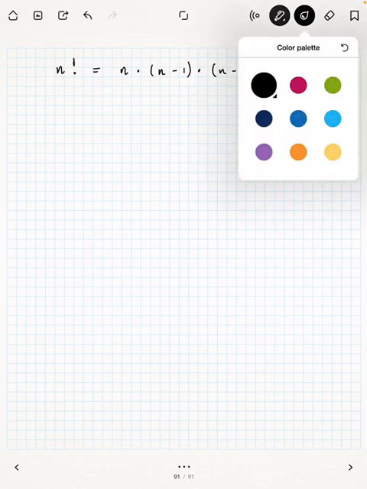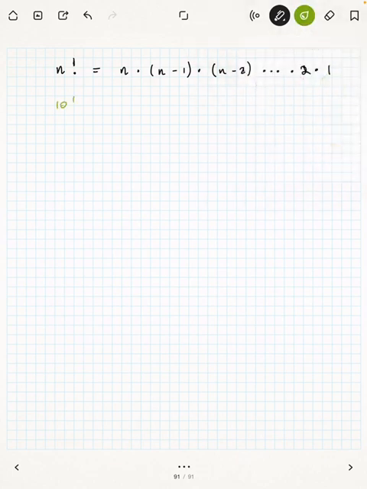Okay, so as an example, 10 factorial is 10 times 9 times 8 times 7 times 6 times 5 times 4 times 3 times 2 times 1. Okay?